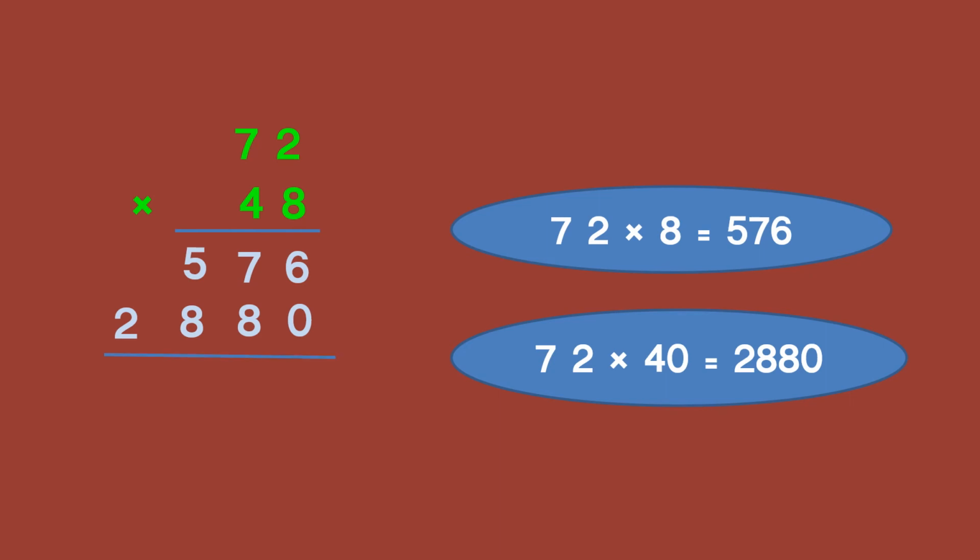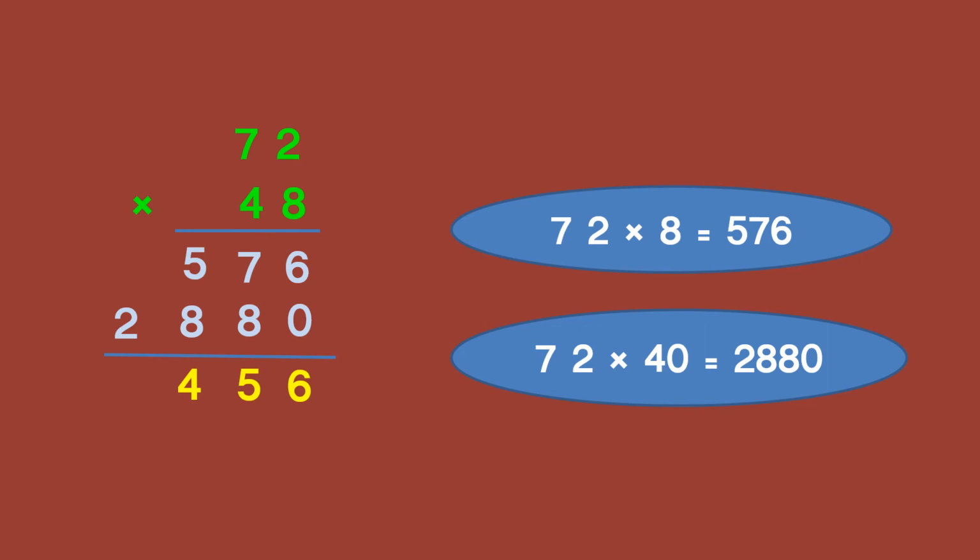So we'll add these two values together. 6 plus 0 is 6. 7 plus 8 is 15. So I have written 5. 1 remains. We have to move that bundle of 10 to hundreds place. So it becomes 1 over there. 1 plus 5 is 6. 6 plus 8 is 14. I have written 4 and 10 remains. It moves on to thousands place.